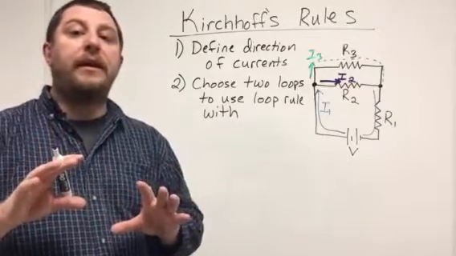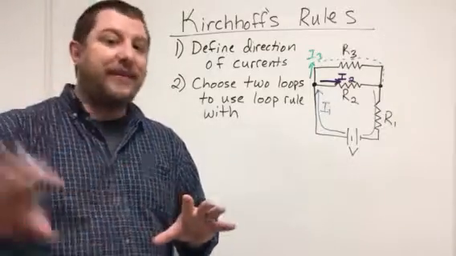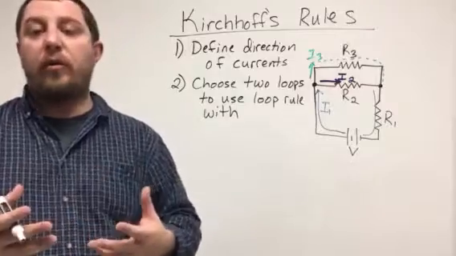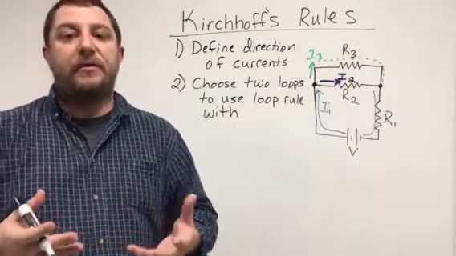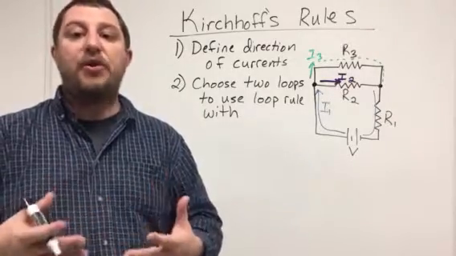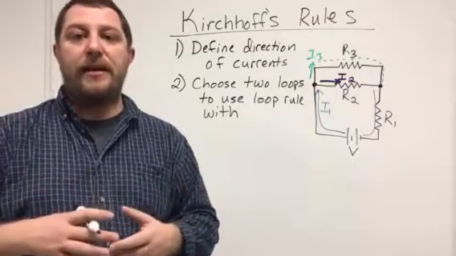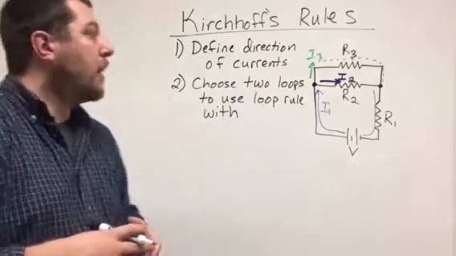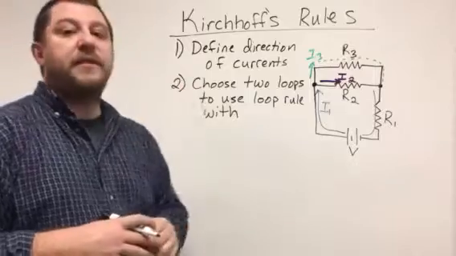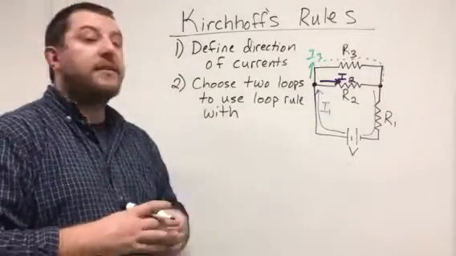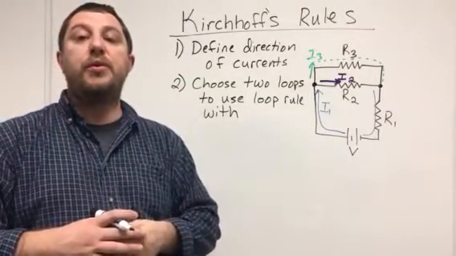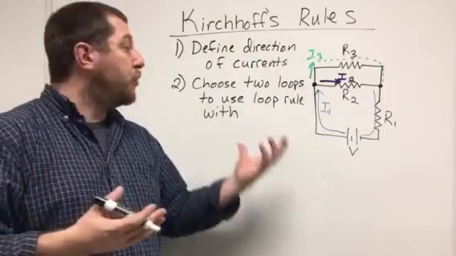What will happen is if you get a negative sign at the end of the entire process for one of your currents, it simply means you picked the wrong direction and that the actual current is traveling in the opposite direction, okay?